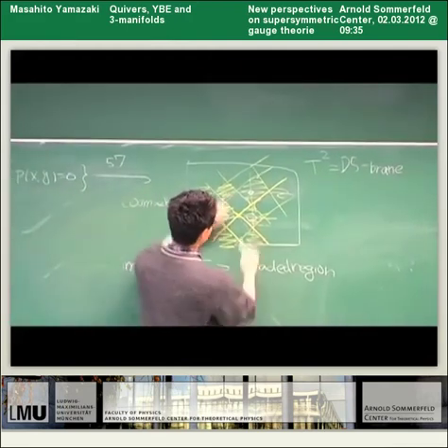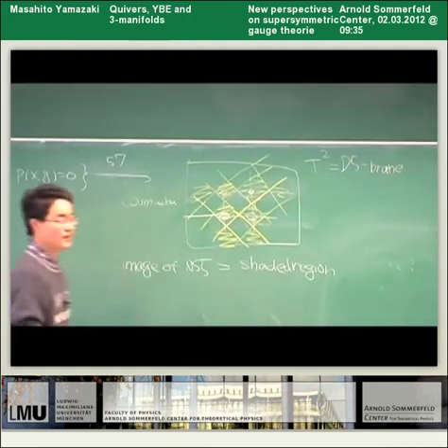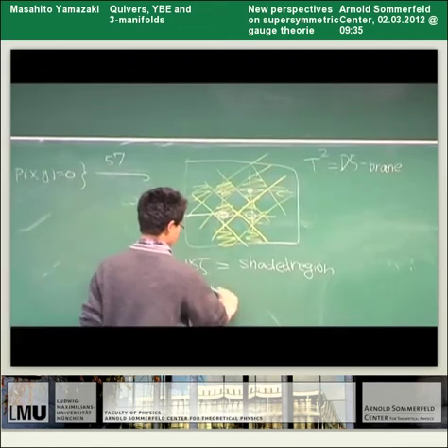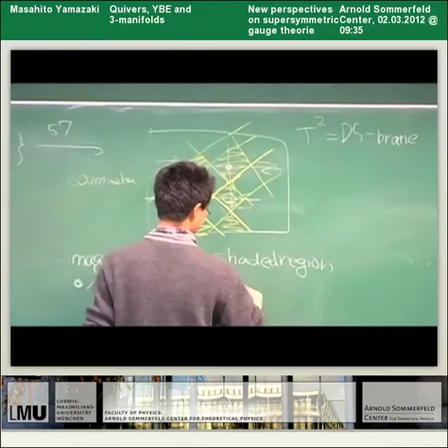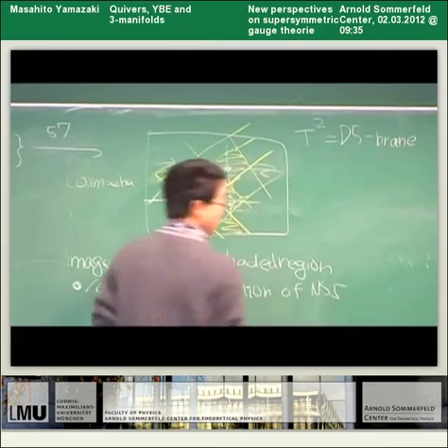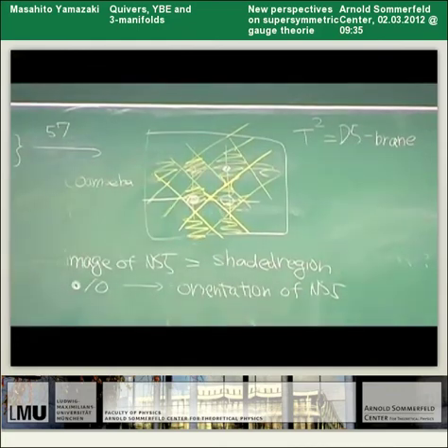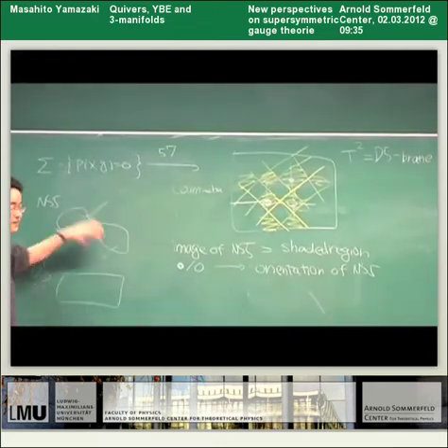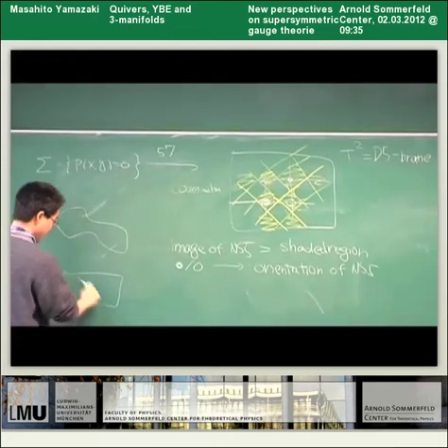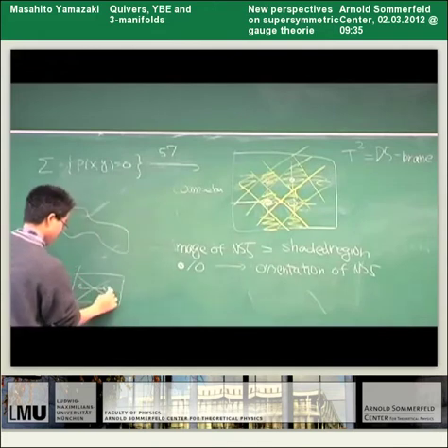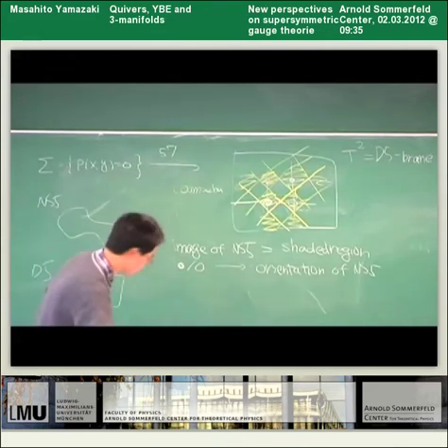Also, there are differences between black nodes and white nodes, and black and white correspond to the orientation of the NS5. So what that means is that we have D5 here, which is a torus, and some complicated NS5 brane, which wraps a Riemann surface that I consider in projection.